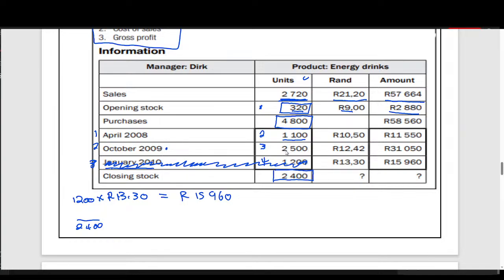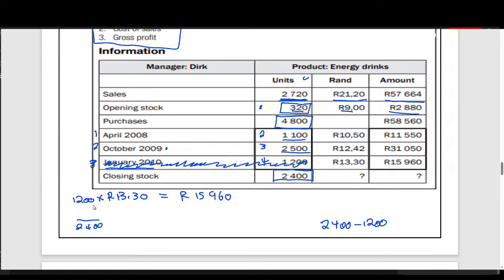But in October, we can see that the stock that we bought is 2,500. Remember, we cannot sell the stock that we bought in October before we sell the stock that was there at the beginning of the year. We must sell the one that was there at the beginning of the year. All right, so what are we going to do? We're going to say 2,400 minus 1,200. Why do we minus this 1,200?